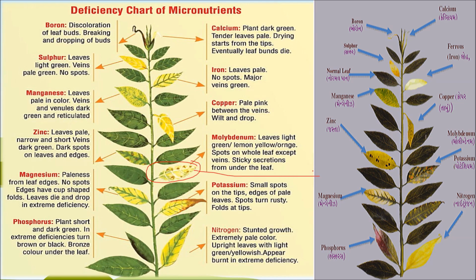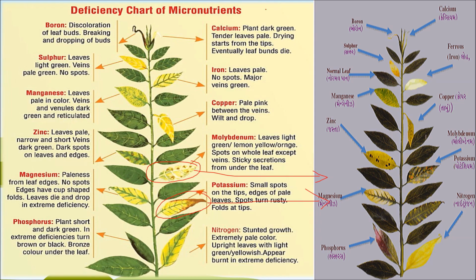If this kind of leaf is visible, you should be able to relate what deficiency the plant is going through, that I need to provide this element to the plant so that the deficiency is remedied. If these kinds of shriveling or spots are present on the plant, on the edges and the pale leaves, then spots are turning rusty, you should directly be able to relate what deficiency the plant is going through. So it is very important to go through this chart and learn and memorize what kind of symptom is visible for what kind of deficiency.